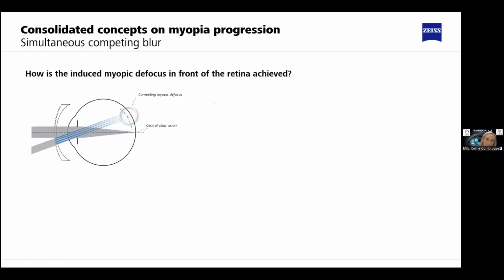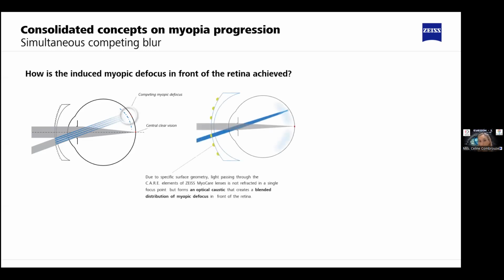We want to get the best wearability and efficiency, but we also want this to be quick. We want this stop signal to be sent as fast as possible. What we understood is that if we do a myopic defocus with a single dot, the message sent by this retinal image will not be strong enough.